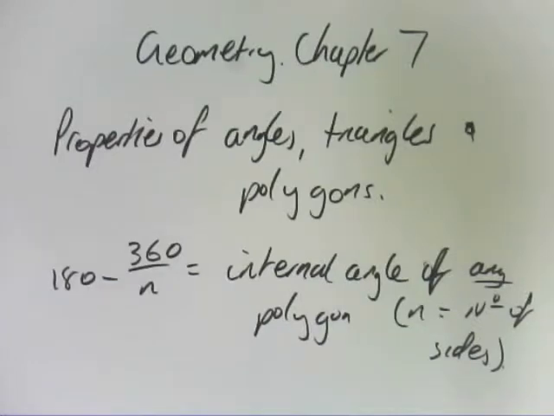Okay, so if you're asked to find out the internal angle of a polygon, which is one of the first questions in this chapter, you need to have this formula ready to go. So that needs to go in your summary book.